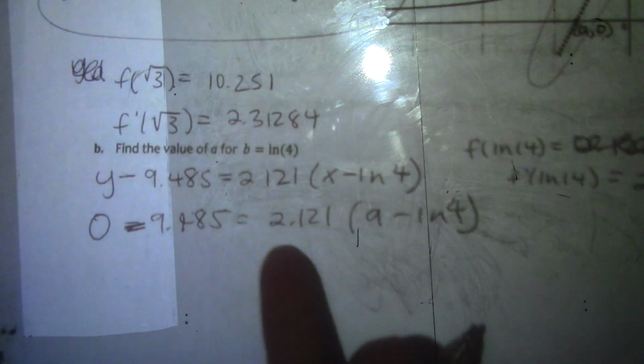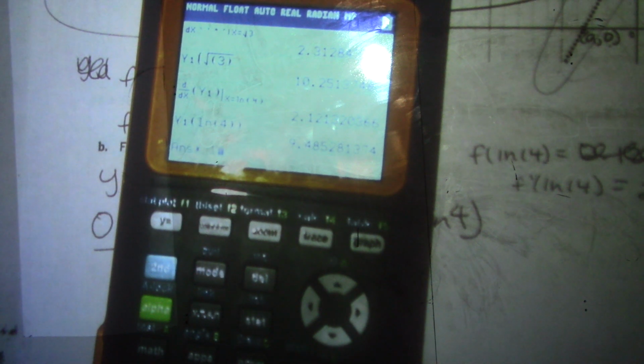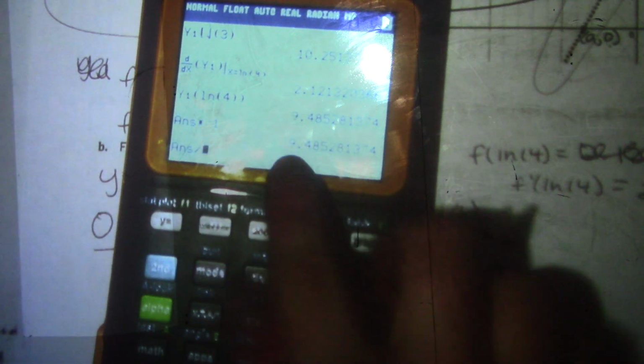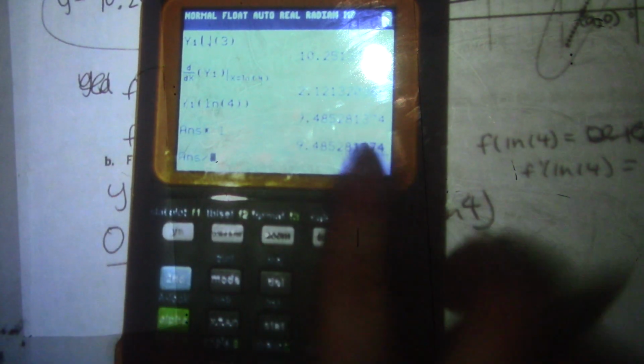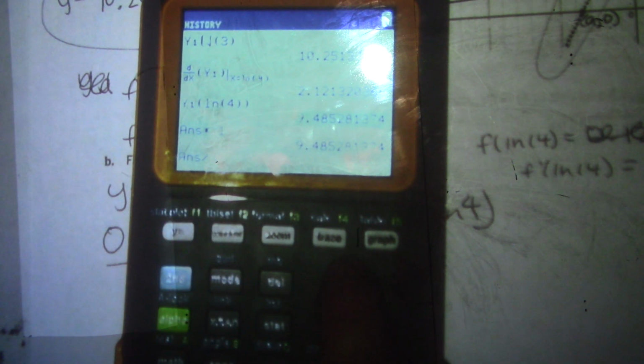So then I divide by 2.121, and this is actually times -1 now. And I'm going to divide, because it's 0. Well, I guess you could have done 0 minus this, or just times -1, doesn't matter. I'm going to divide by the 2.121, but I'm not going to retype it. I'm going to pull down my answer from up here.